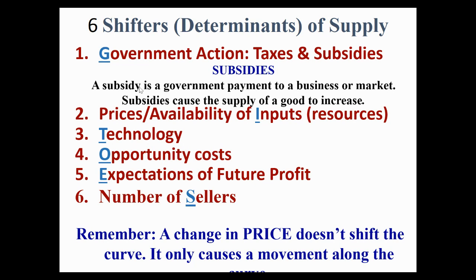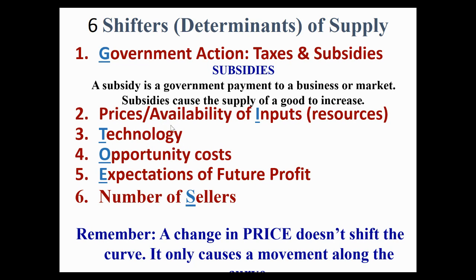A subsidy is when the government subsidizes and gives money to businesses to help them increase production. Right now, we're going through COVID, and we can see that the government has subsidized many big pharmaceutical companies to help offset the cost to find the cure for COVID. Okay, so that would be an example of a subsidy.